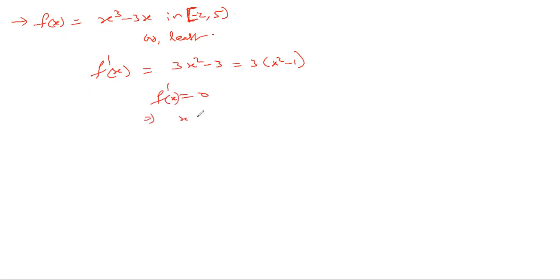Then we will get x value either 1 or minus 1. Consider f of x once again. We can write f of x as x into x minus root 3 into x plus root 3.